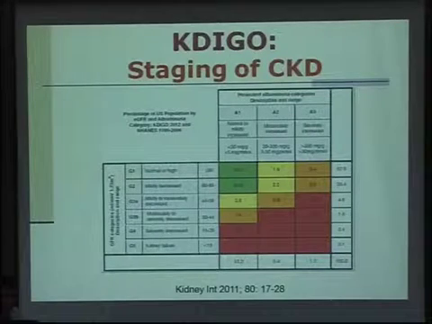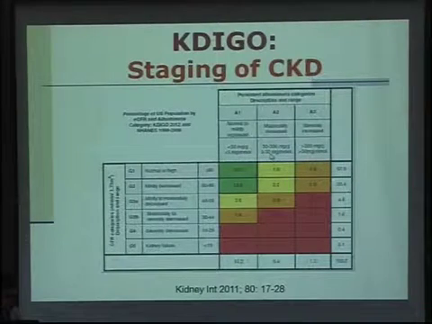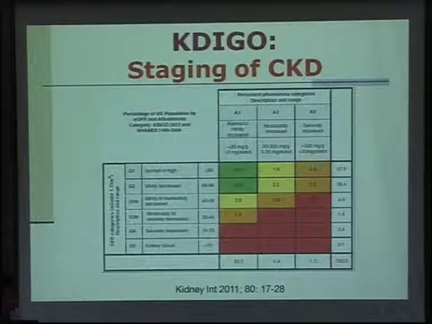To say A2, or moderately increased albuminuria, this is the range: either 30 to 300 milligram albumin per gram creatinine, and it's not necessary to collect urine through the day, just a spot urine, okay?